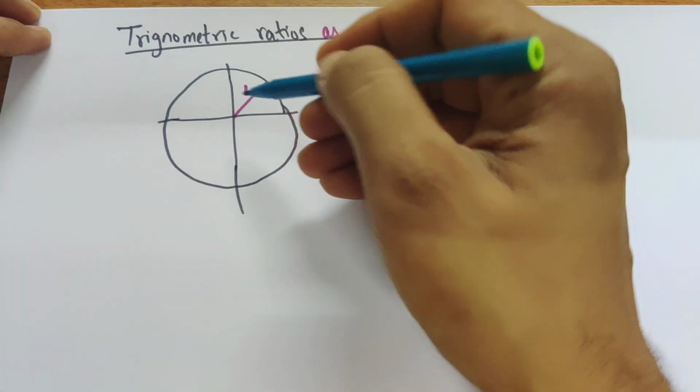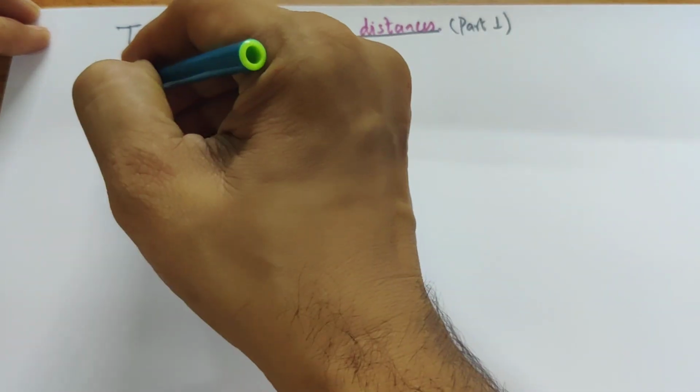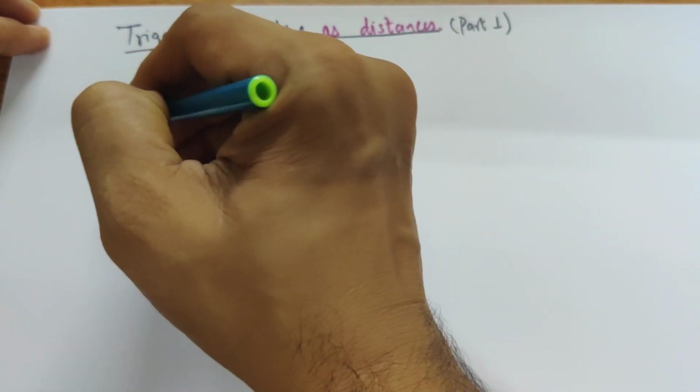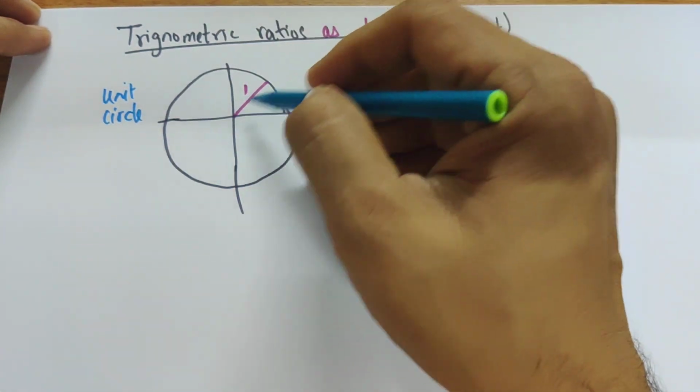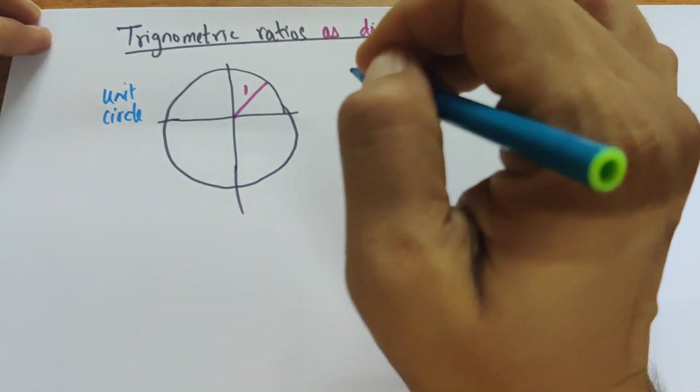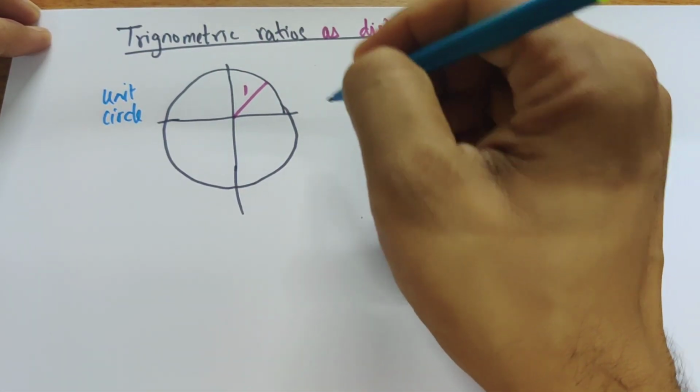So in this you start with the unit circle. Unit circle has a radius of 1. You can assume this is a circle, it doesn't quite look like a circle.